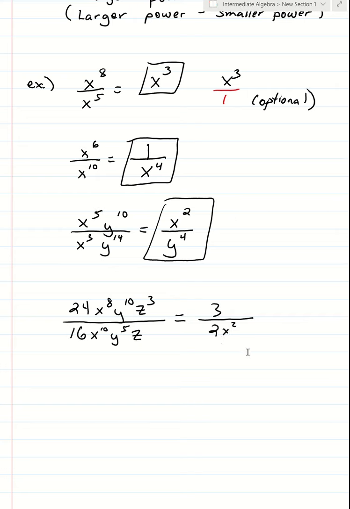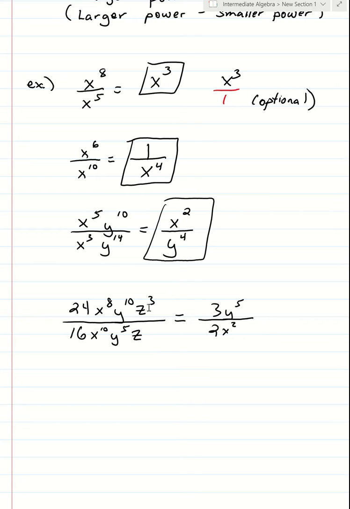Next, we have to take a look at the variable y. Where is y going to go? Well, 10 is the larger power, so y stays up top. And now when we subtract, 10 minus 5, we get 5. Finally, now let's do z. Once again, let's first of all determine where z is going to go.